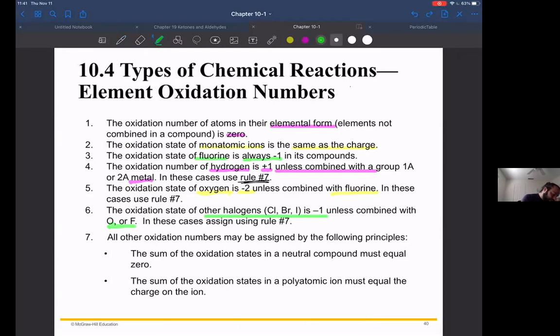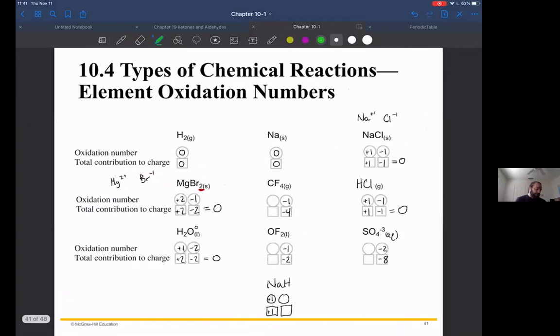The rules are basically that the sum of the oxidation states for a neutral compound must equal 0, and the sum of the oxidation states for a polyatomic ion must equal the charge on the ion. That's already kind of what we've been doing here, making sure that our total charge contributions sum to the overall charge on the molecule. But that's how we're going to figure out the oxidation state for the elements we don't know.